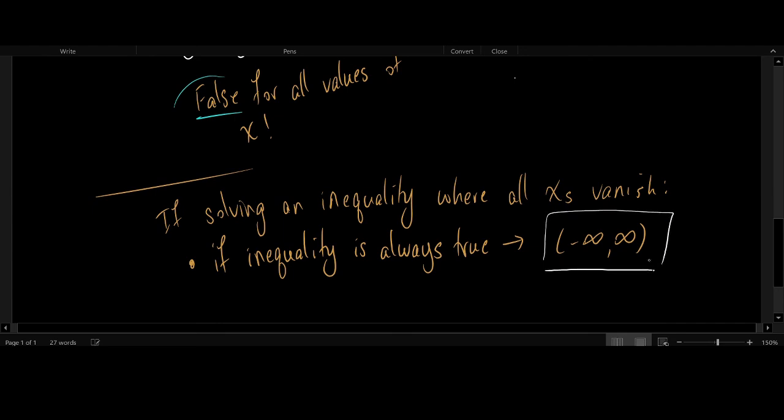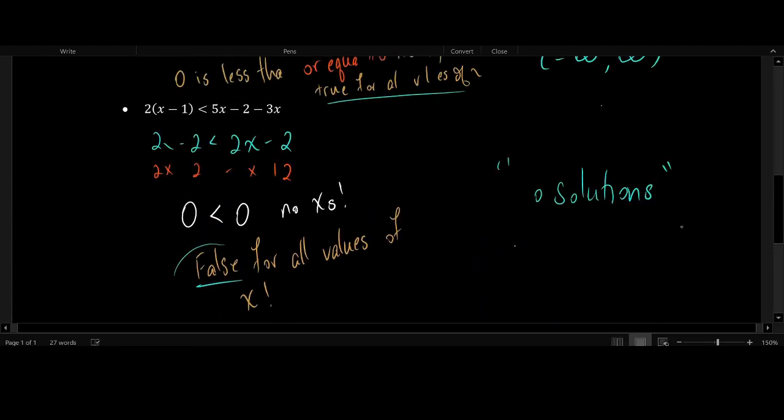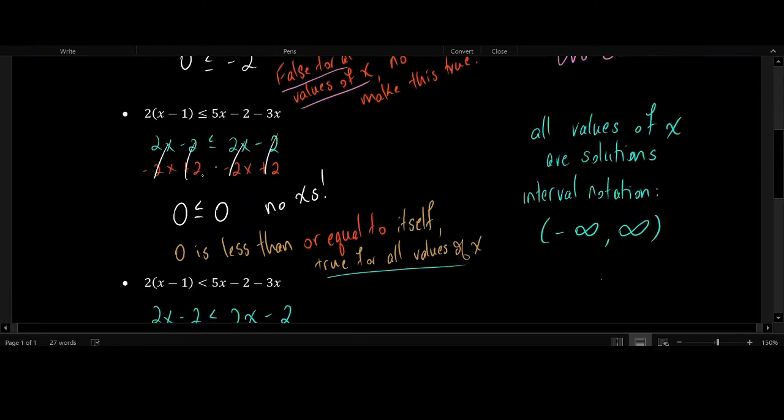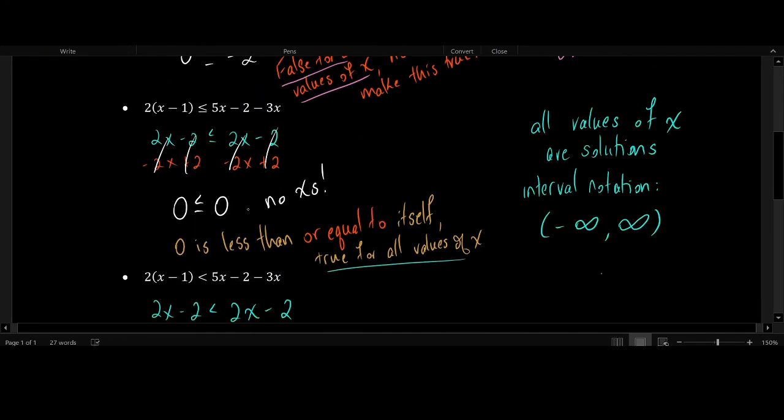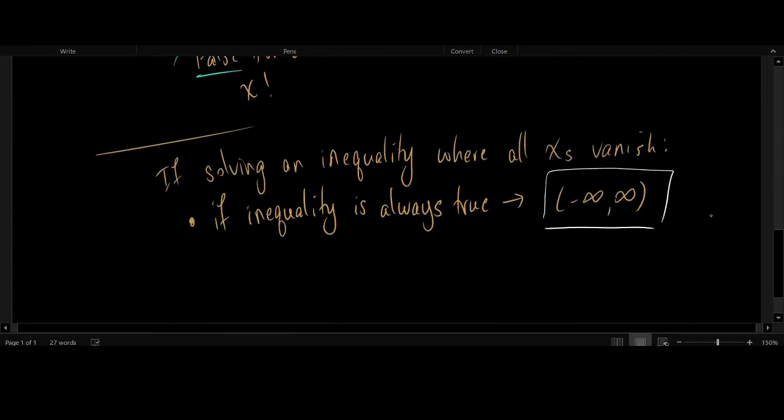If the inequality is always true, all real numbers are solutions, which is what we saw in the second example: 0 less than or equal to 0 was a true statement, therefore all real numbers were solutions.